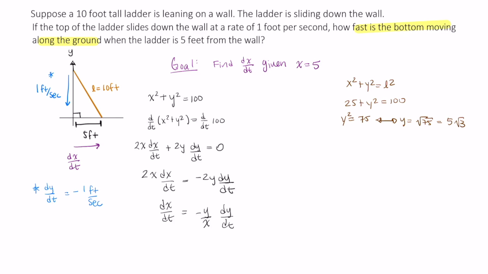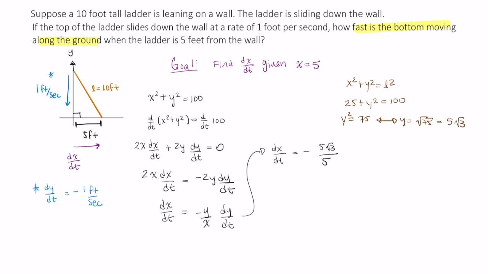So now we can fill in all of our blanks. So I'll do that over here. dx over dt is equal to negative y. y is 5 root 3. So y is here. Now let's continue. In the denominator, we need our x, and our x value is just 5.